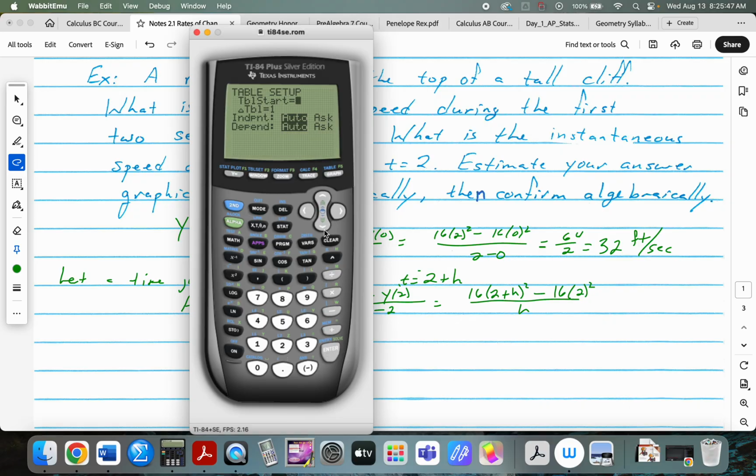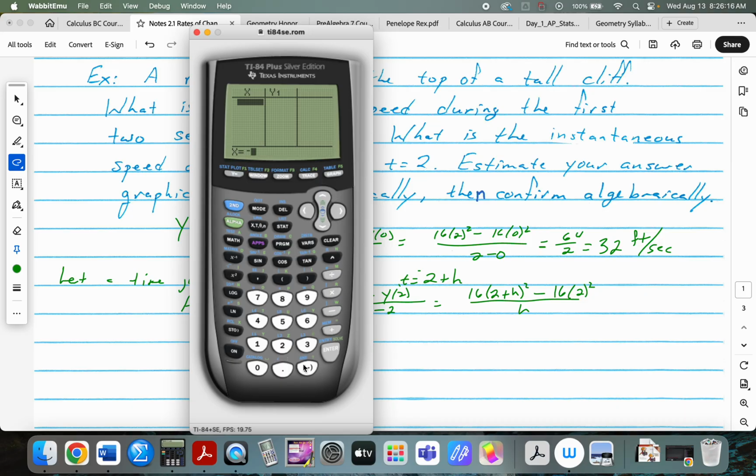And I'm going to change the independent to ask. You may have never done this before. It's actually kind of cool. You can put in whatever number you want then. So now if I go to the table, there's nothing there. Okay?